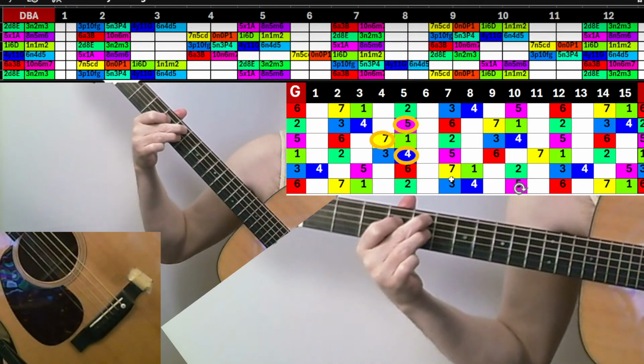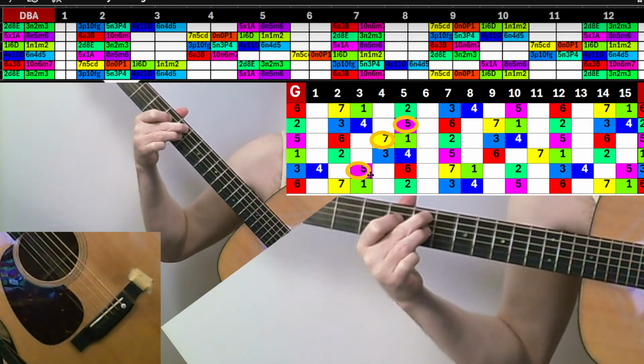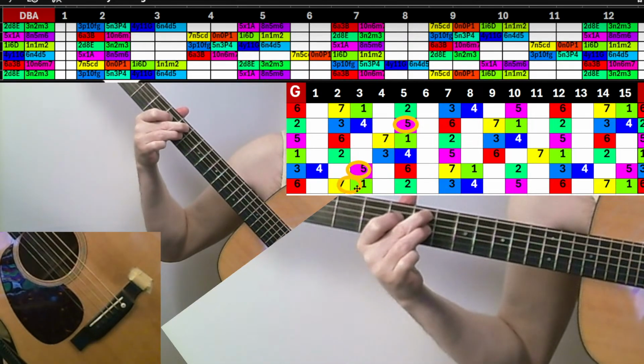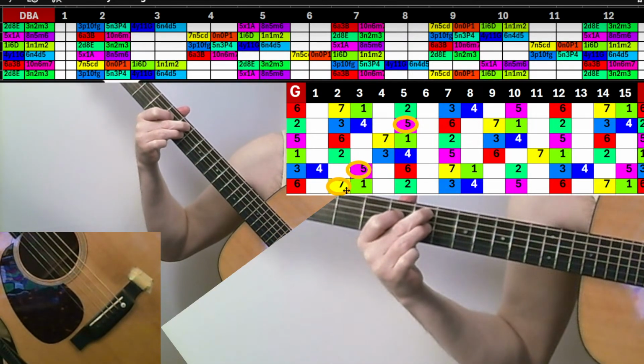I have another root down here, and I have this one here, and I can pick.